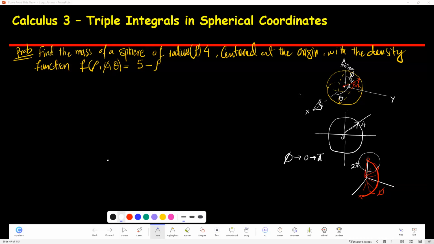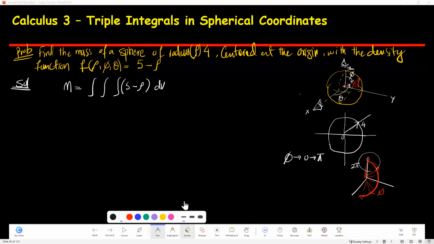So let me write this expression, it makes more sense when you write. We know mass equals to triple integral, and then I have a function. The function is giving 5 minus rho. Then I'm going to be writing dV.